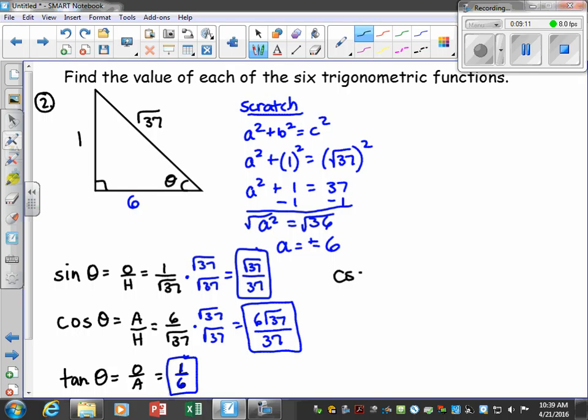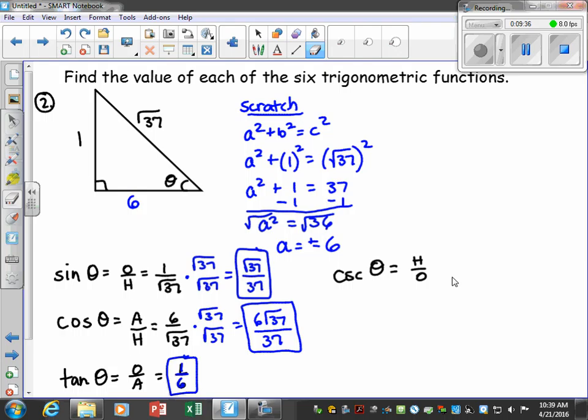Cosecant theta. Alright. Now, here's the thing. I can use my cosecant theta is going to be my hypotenuse over opposite, right? It's the reciprocal of this. If I use this, the simplified version, what would I have to do? That would give me that over this, and then I'd have to do all that algebra step to simplify.